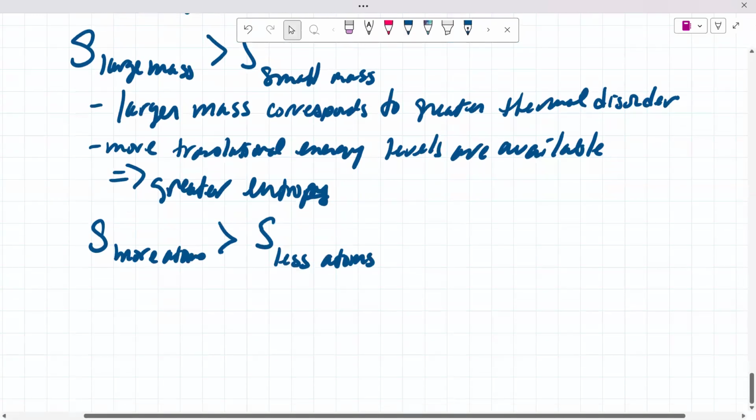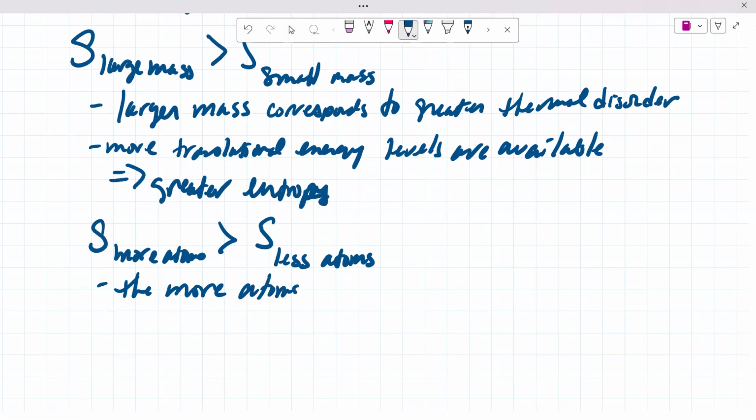So the more atoms in a molecule, there's weird stuff sometimes, but greater is the ability to take up energy.